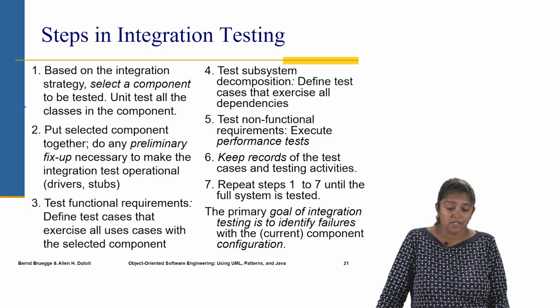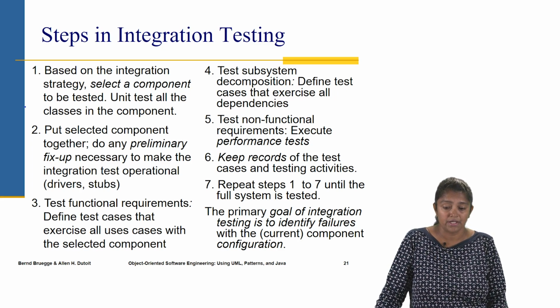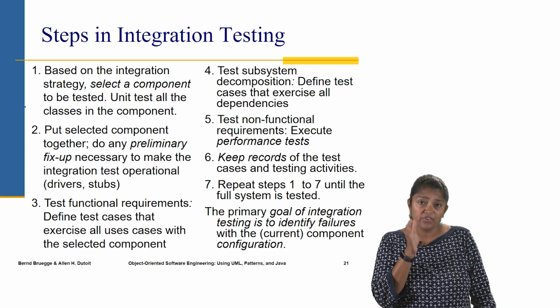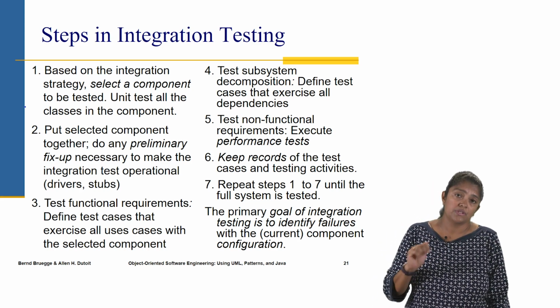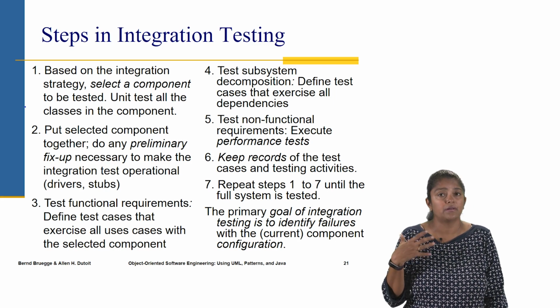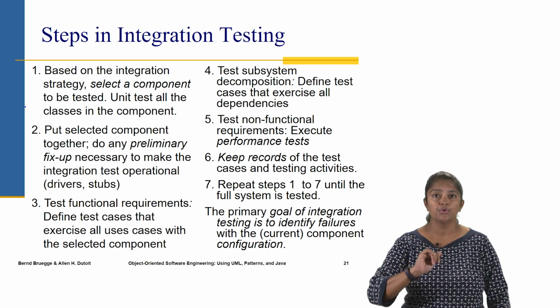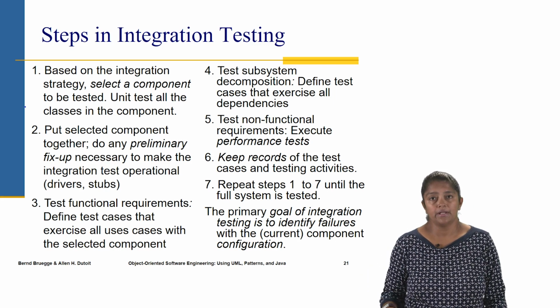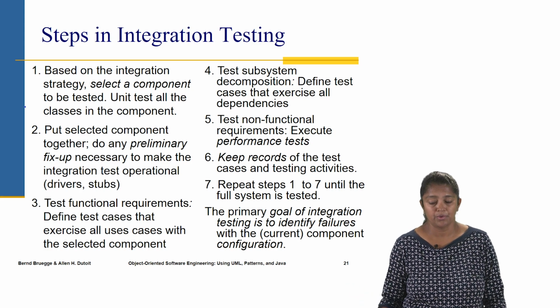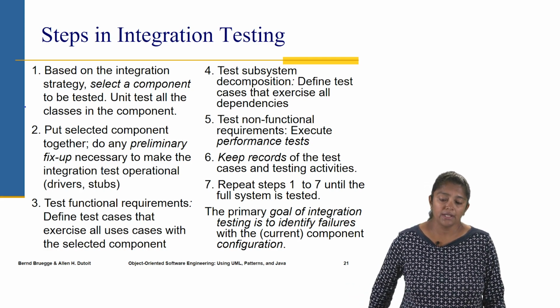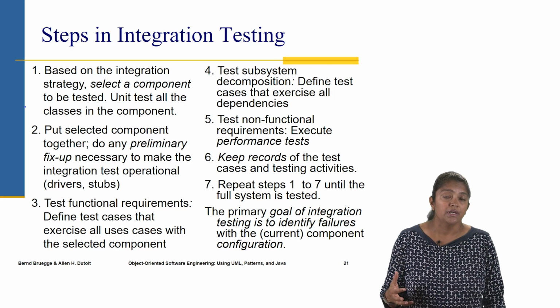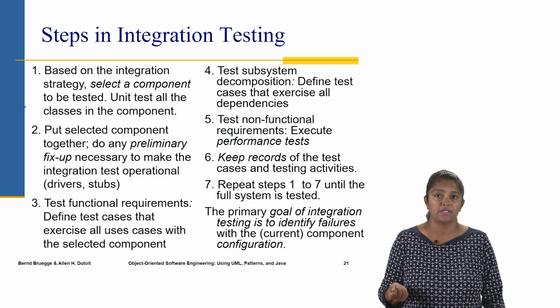So the steps to be followed in integration testing are, first and foremost, based on the kind of system and the requirements, one has to choose an appropriate integration strategy, the approach that will be used. And then based on that strategy, we select the components to be tested.